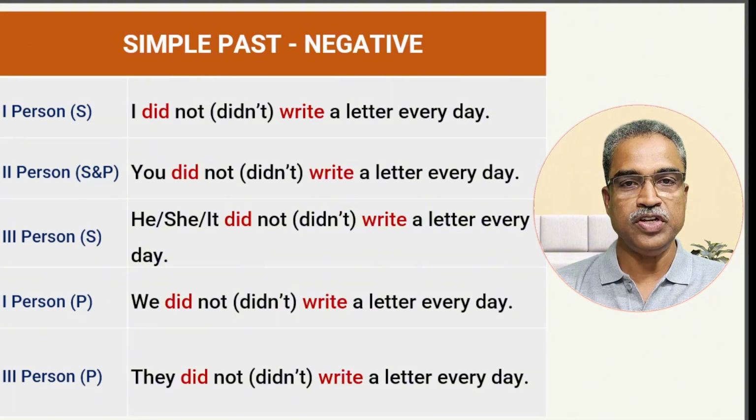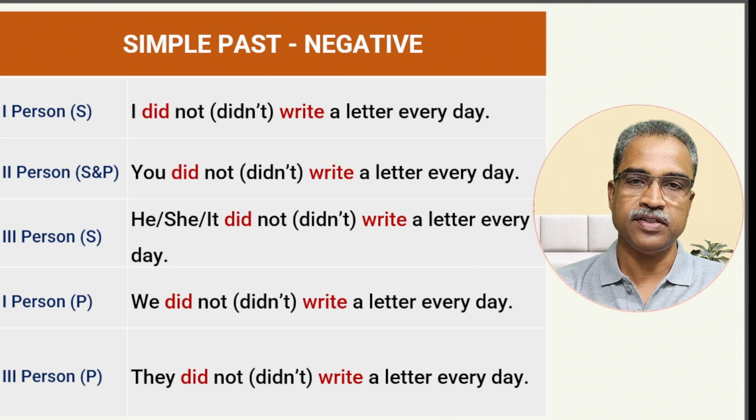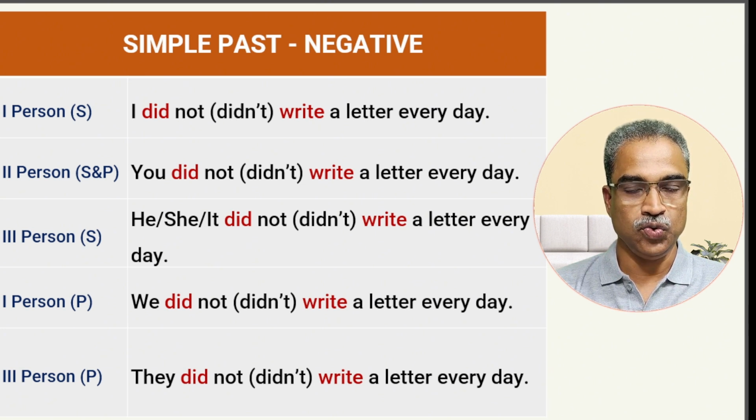We need to use the V2 form. So I wrote, you wrote, we wrote, they wrote, he, she, it wrote. After every subject, in the simple past, it will be subject plus V2.